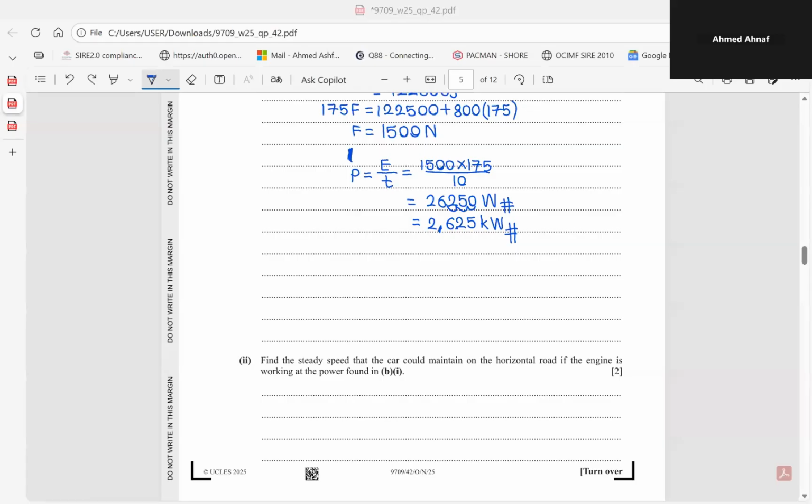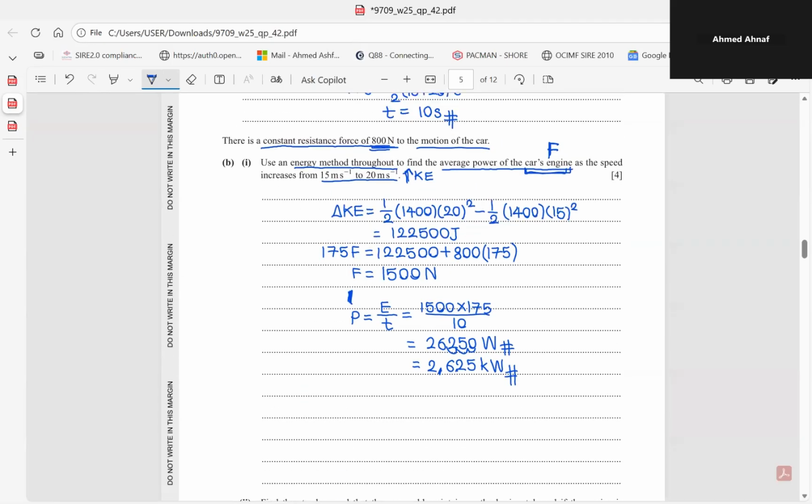Okay, so for the last part, we need to find the steady speed. To maintain a steady speed, from Newton's first law, all the forces must be in equilibrium. Here we're told that there's a resistive force of 800 newtons.